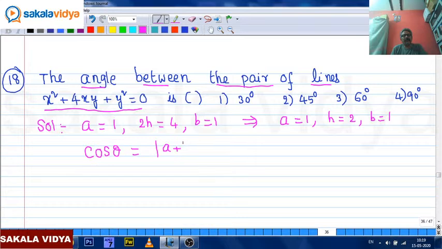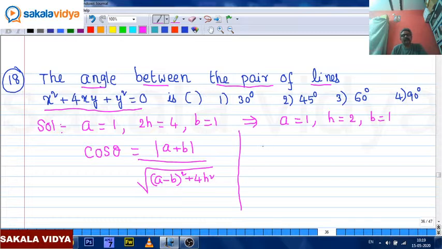Modulus of a plus b over root of a minus b whole square plus 4h square equals modulus of a plus b, 2, upon root of a minus b whole square, 1 minus 1, 0 square 0, plus 4h square, 4 into 4.